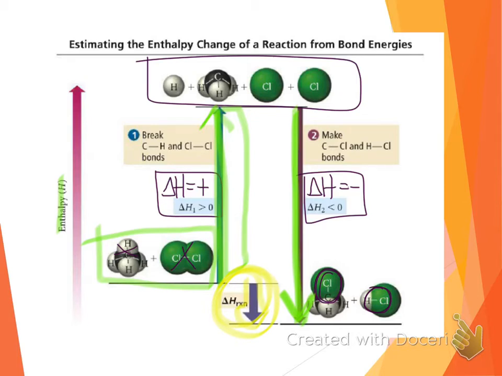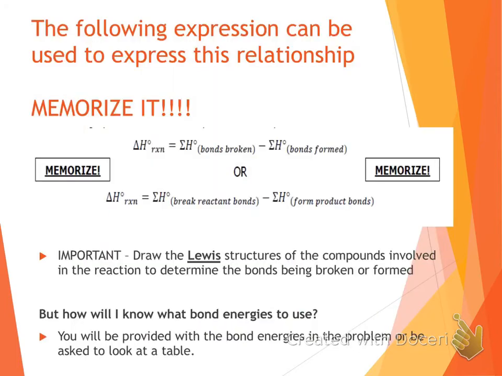Because more energy was released when we formed those new bonds, our overall delta H of reaction is going to be negative. So using this relationship, we actually have a formula, a way to calculate, using the bond energies, the actual delta H of any given reaction.